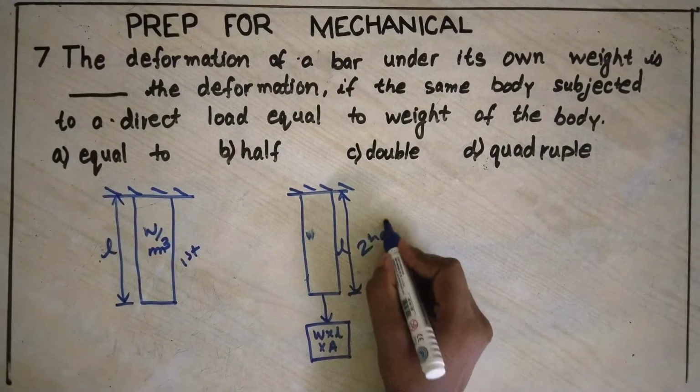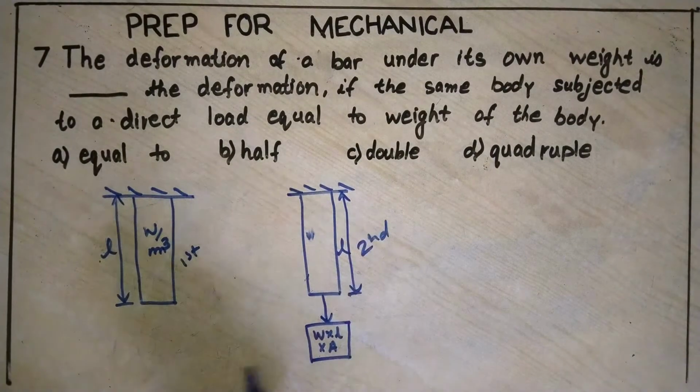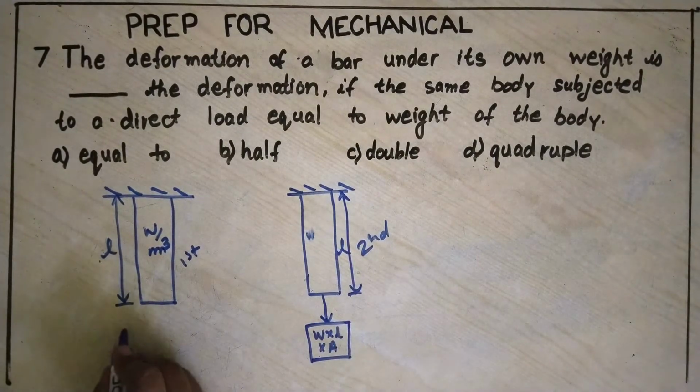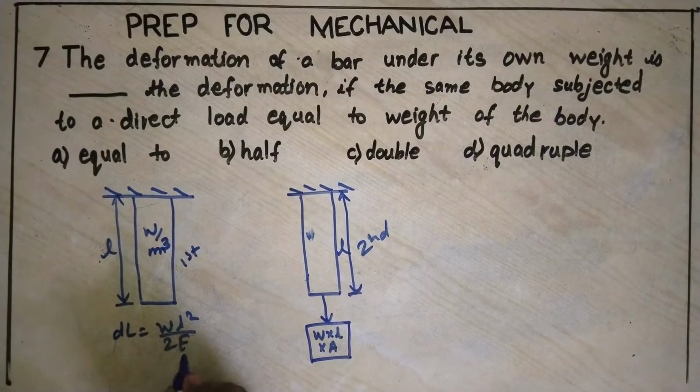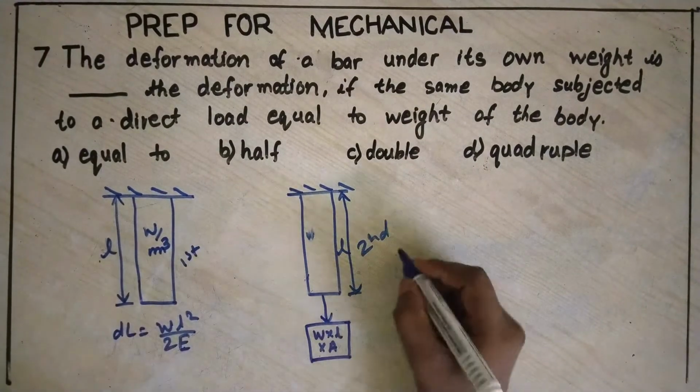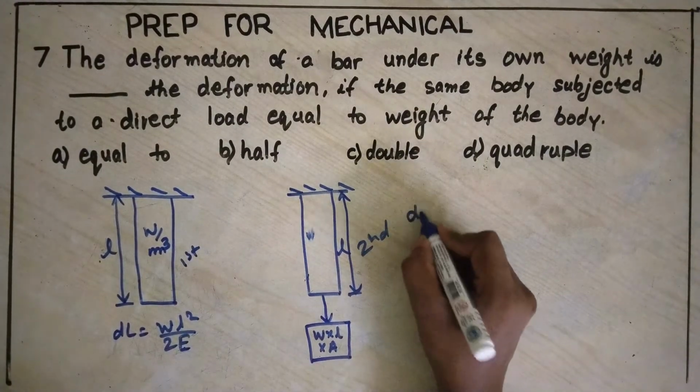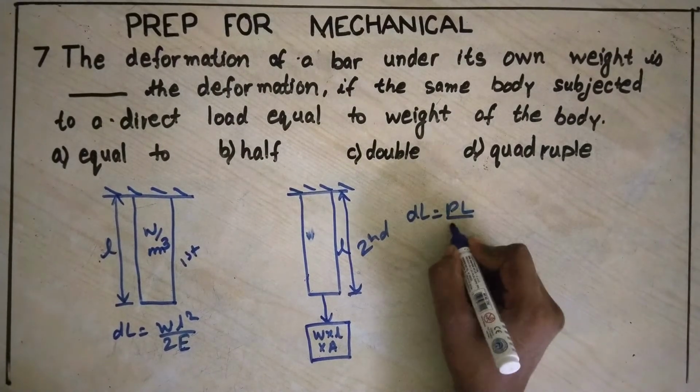We know that elongation due to self weight is equal to WL square by 2E. For the second situation, DL will be equal to PL by AE.